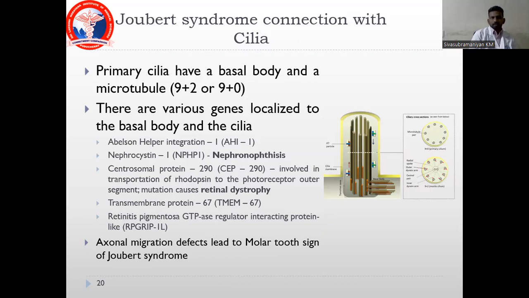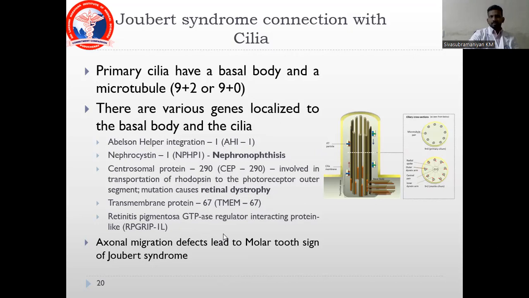In the primary cilia, they have a basal body and a microtubule, and there are various genes localized to the basal body and the cilia, and these are the embryological structures that aid in the migration of all the neural structures. So you have various genes that are located in the basal body and the cilia, like AHI1, NPHP1, CEP290, TMEM67, and a GTPase regulatory interacting protein called RPGRIP1L.